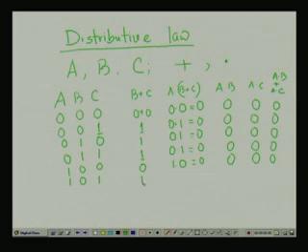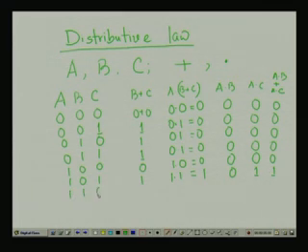So, B plus C is 1. Now, A dot B plus C, this becomes 1. Now, A dot B, 1 dot 0, means this is 0, but A dot C is 1. So, this becomes 0 plus 1, 1.